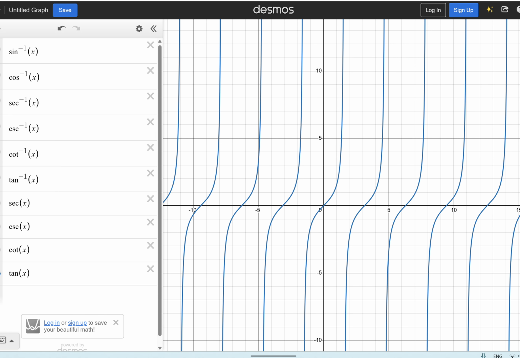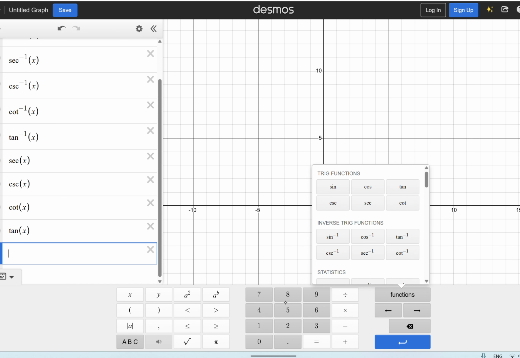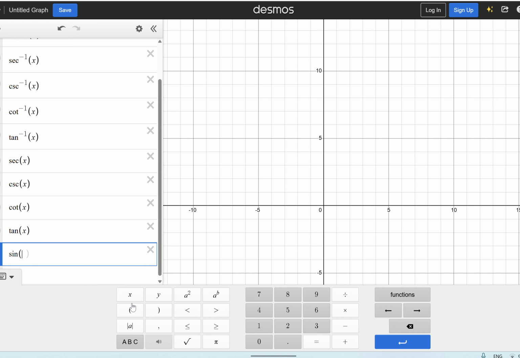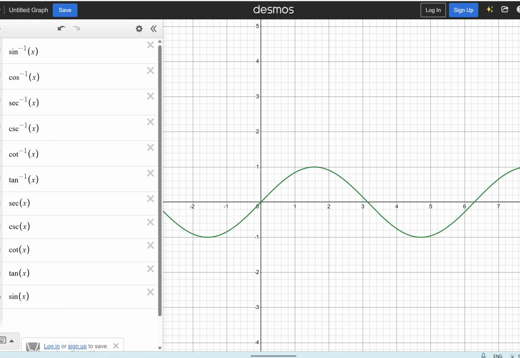Keeps going up, down. But if I were to plot the sine, sine x, look at the sine. The sine goes up to 1, then back to minus 1, then up to 1, then back to minus 1. So it is bounded between 1 and minus 1.